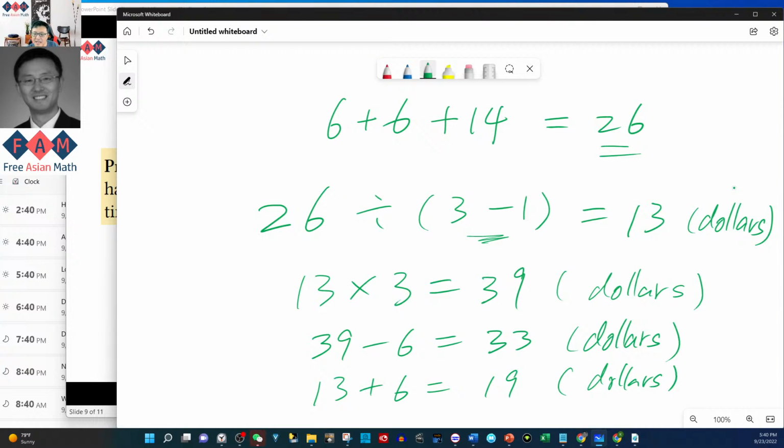Okay, so in summary, today we have learned a new group of word problems where you have two quantities. They exhibit certain relationships. In particular, we know the sum, the difference, and the multiple relationship.